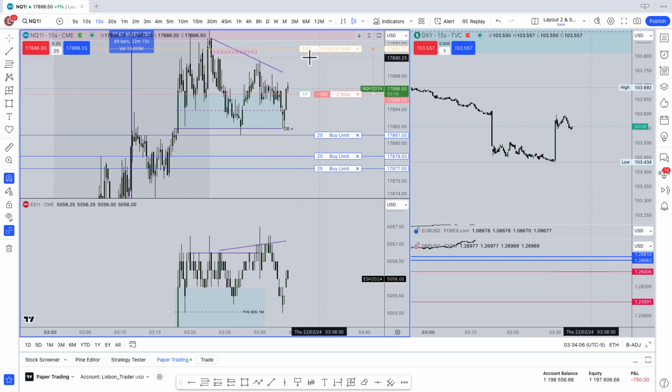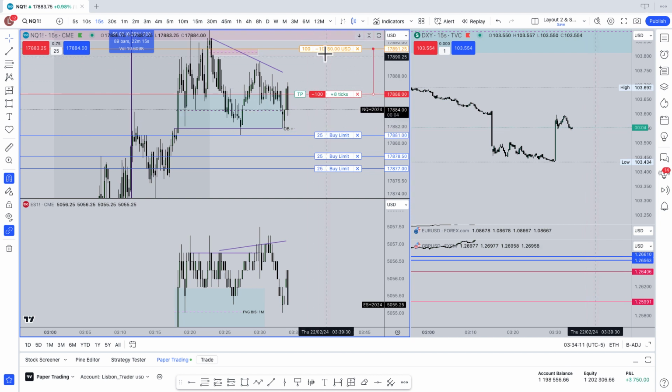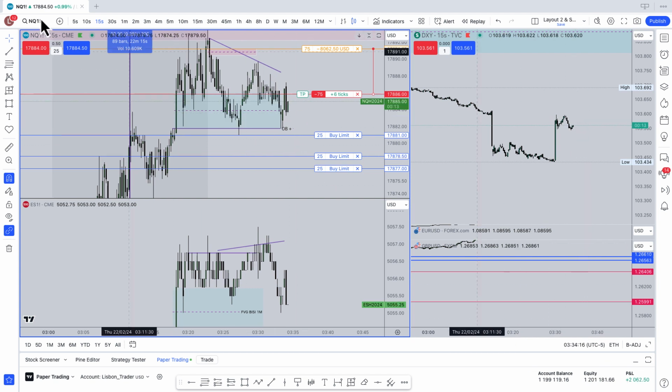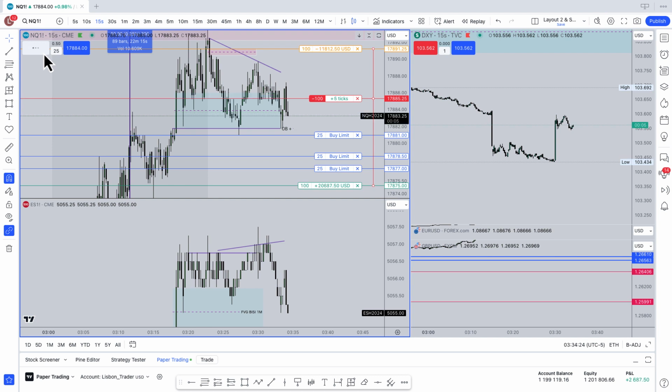So previously we had 12k as risk. Now we are sitting at 10k, recouping the equity. Entering another short, reducing stop to this level.